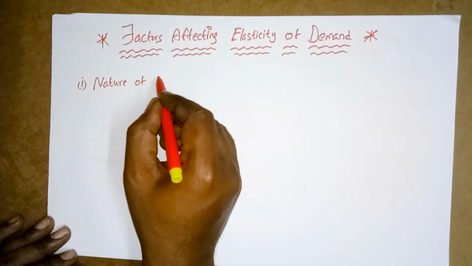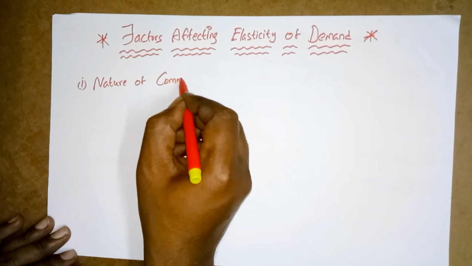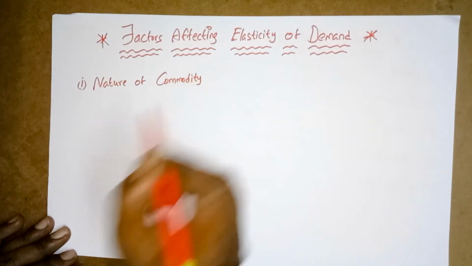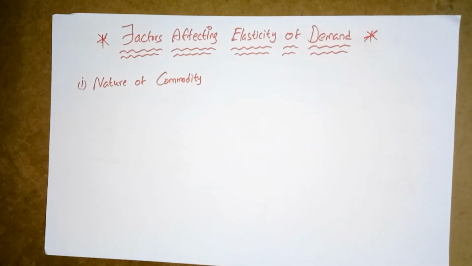Nature of commodity. What is the nature of commodity? Among poor people, the demand is less elastic, and among middle and upper class people, the demand is relatively elastic. So here we have to know what is the meaning of elasticity and what is the meaning of inelasticity.